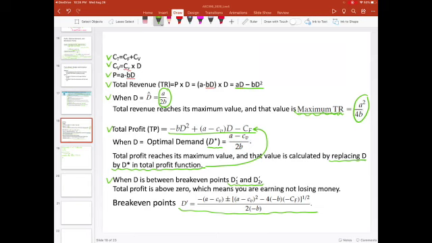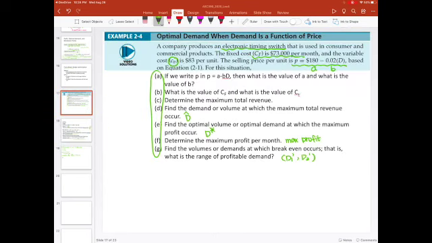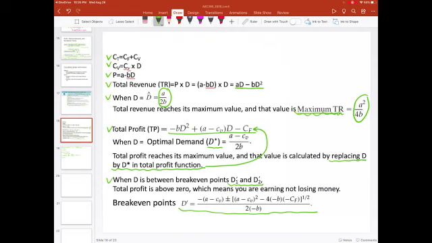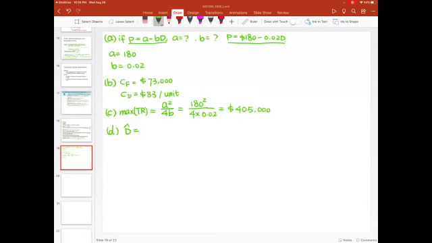And now, question D. Question D is, find the demand or volume at which the maximum total revenue occurs. Okay, so that's going to be D hat. The function for D hat is here. Okay, it's A over 2B.